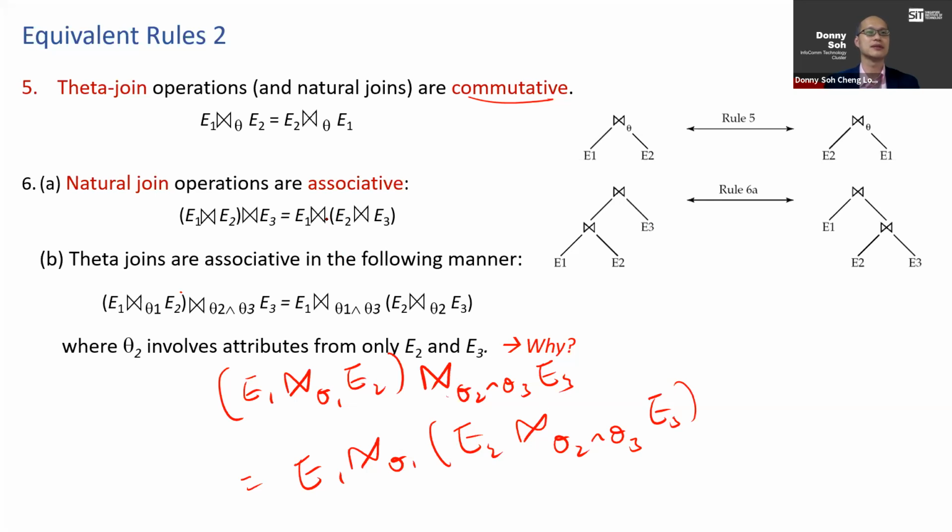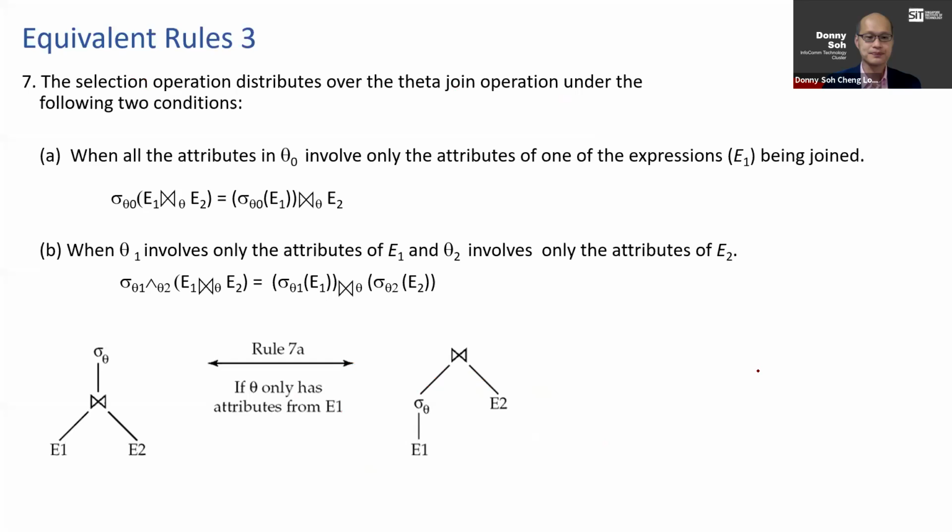This is because of this condition. Because E2 has only attributes from E2 and E3, theta 2 has got to stay here. But if I want, theta 3 can come out. So this is the one that is a little bit more confusing, but still not too bad. Okay, I'll go on to the next.